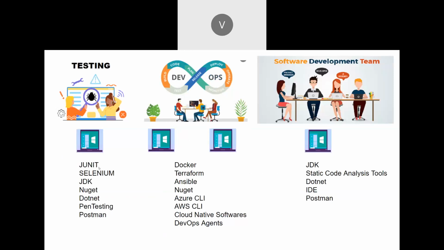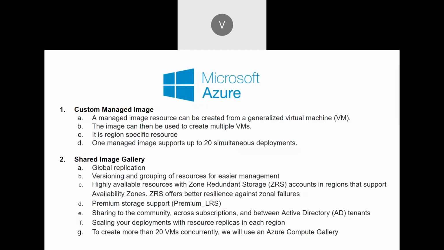The previous image you keep as 1.0, and the new image you create with the new version of Selenium will be 1.1. So the shared gallery image really helps with versioning, and managing the images becomes much easier, which is why it is described as a grouping of resources for easier management.